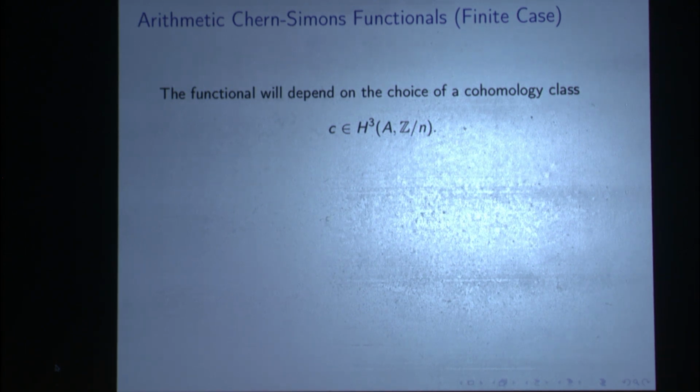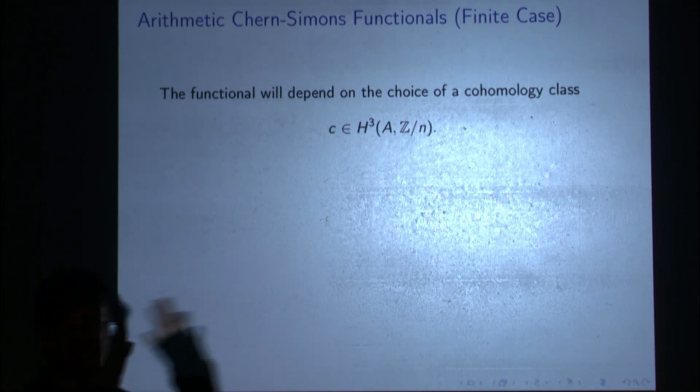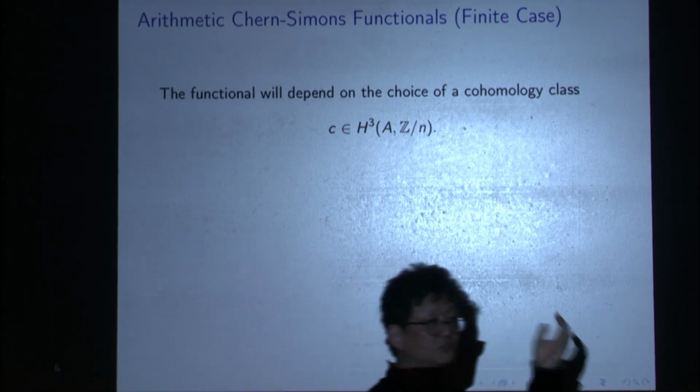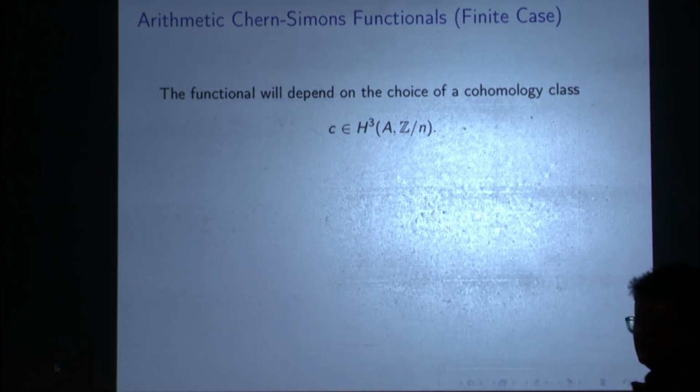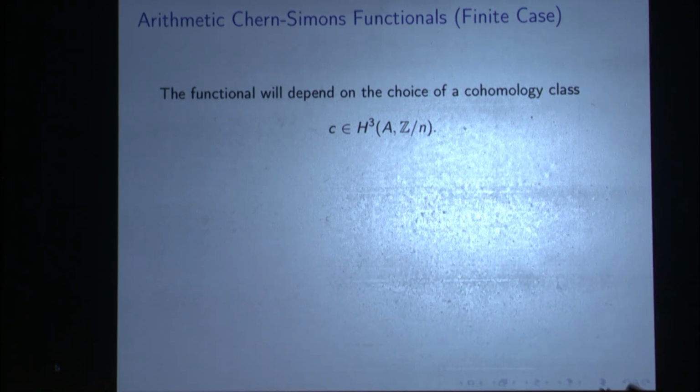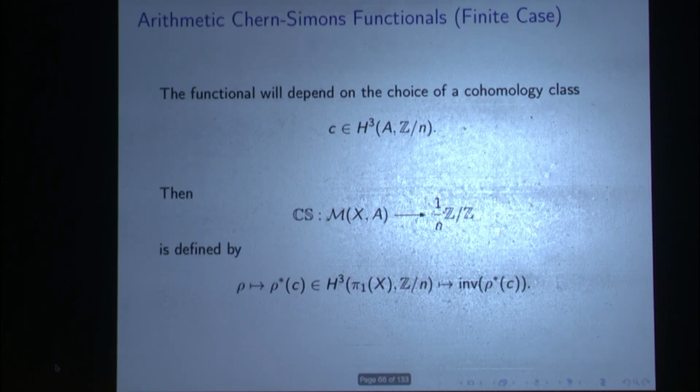But this is nothing arithmetic. This is just that finite group A, choose a cohomology class with Z mod n coefficients. So it's just a discrete bit of data depending only on the finite group. Now, once with this choice, it's obvious what to do, as in the three-manifold case.